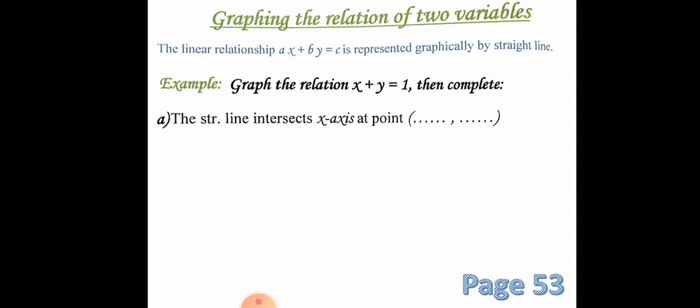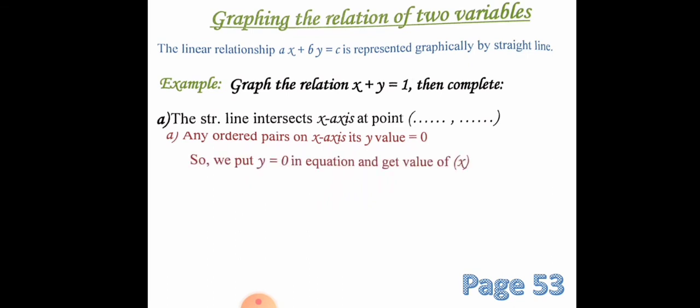He wants to know the intersection point at which the straight line we're going to graph will intersect the x-axis. The straight line we're going to draw will intersect the x-axis at a point, so he wants to know the coordinates of this point. Any point that lies on the x-axis has a y coordinate of 0.